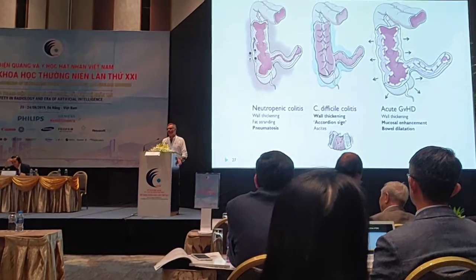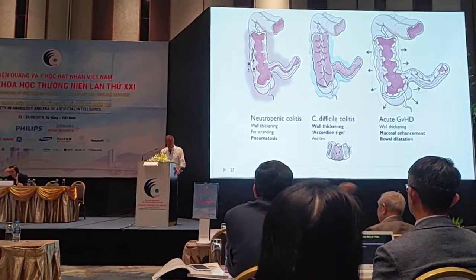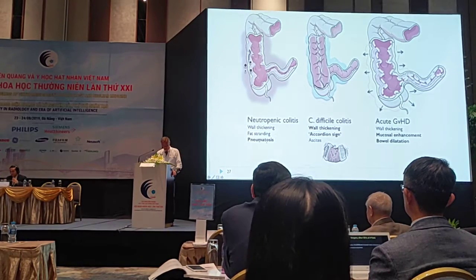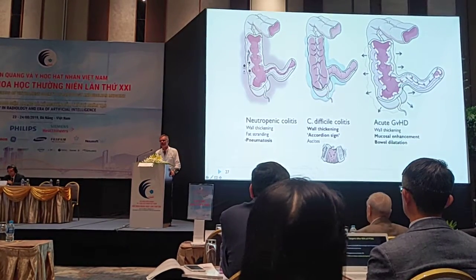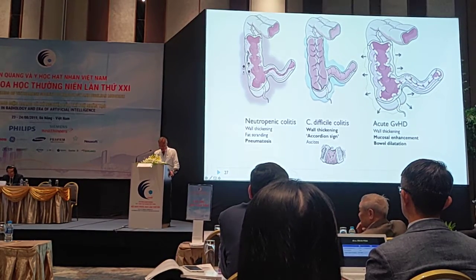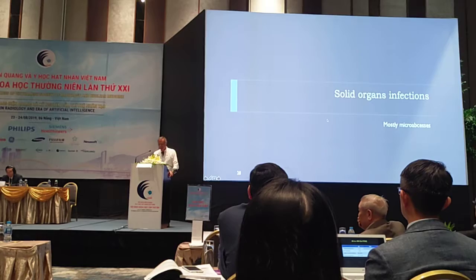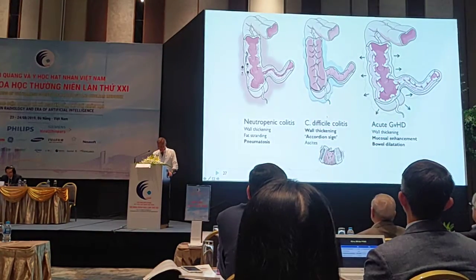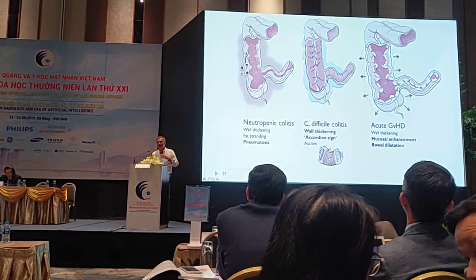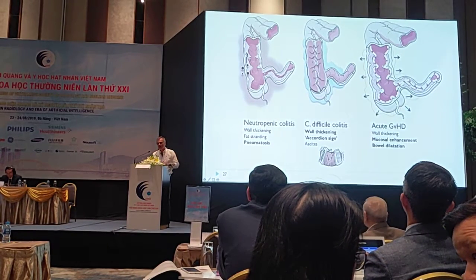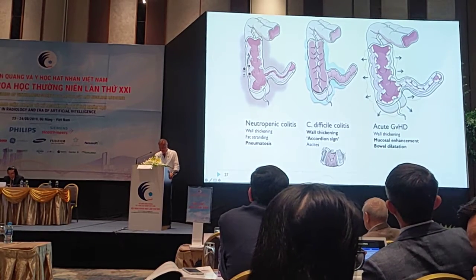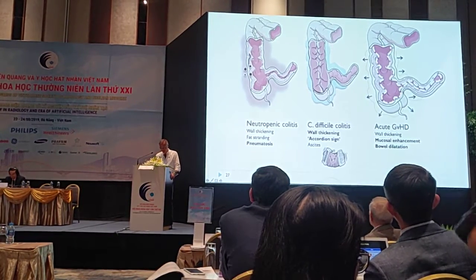Neutropenic colitis, the one in patients with severe neutropenia: you have wall thickening, we have fat stranding here, and the most severe complications are pneumatosis and perforation. The second entity is Clostridium difficile colitis, which consists of marked mucosal wall edema with marked wall thickening, some ascites here around, and it mostly affects the colon.